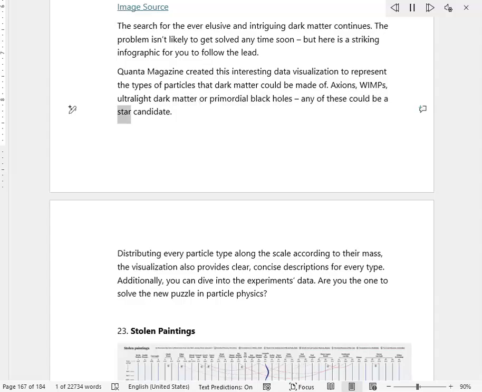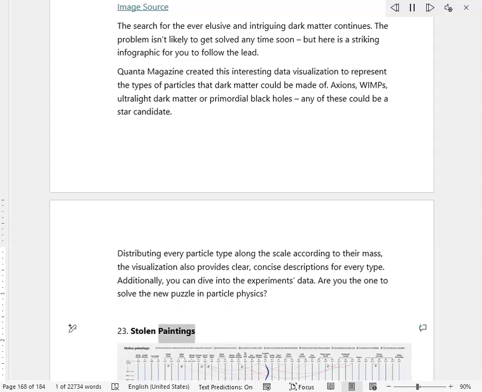Any of these could be a star candidate. Distributing every particle type along the scale according to their mass, the visualization also provides clear, concise descriptions for every type. Additionally, you can dive into the experiment's data. Are you the one to solve the new puzzle in particle physics?